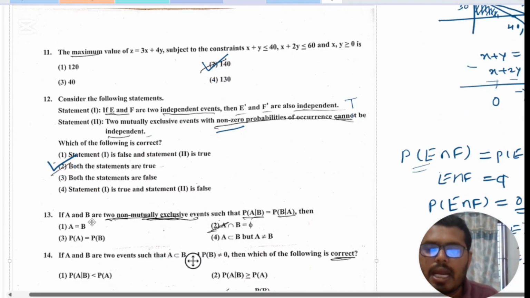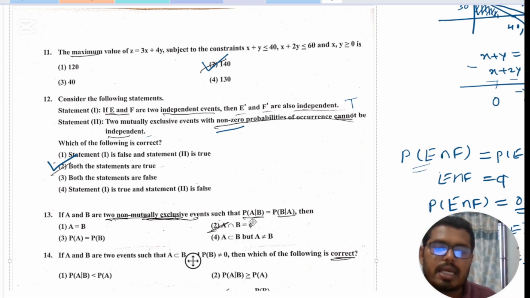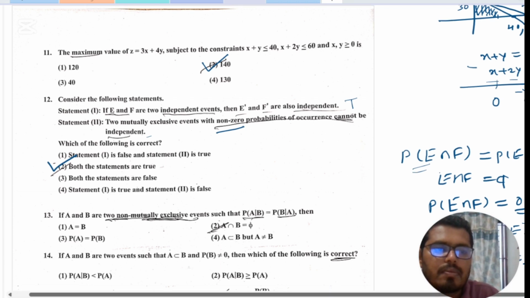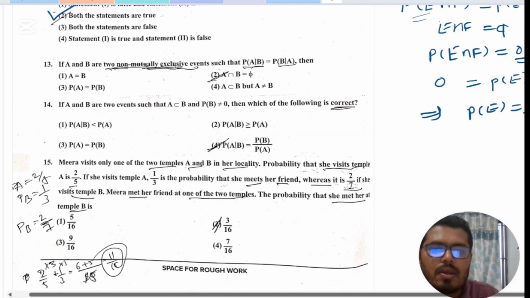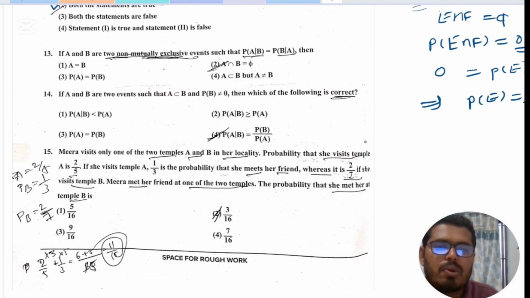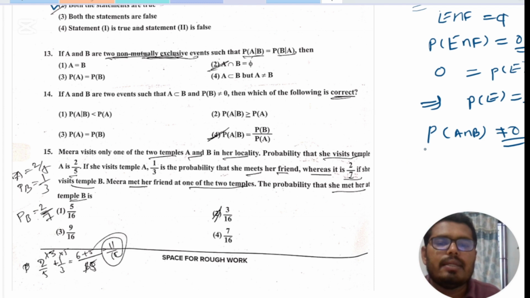A and B are two non-mutually exclusive events such that P of A given B is equal to P of B given A. Then what is the formula of P of A given B? Non-mutually exclusive means P of A intersection B is not equal to 0.